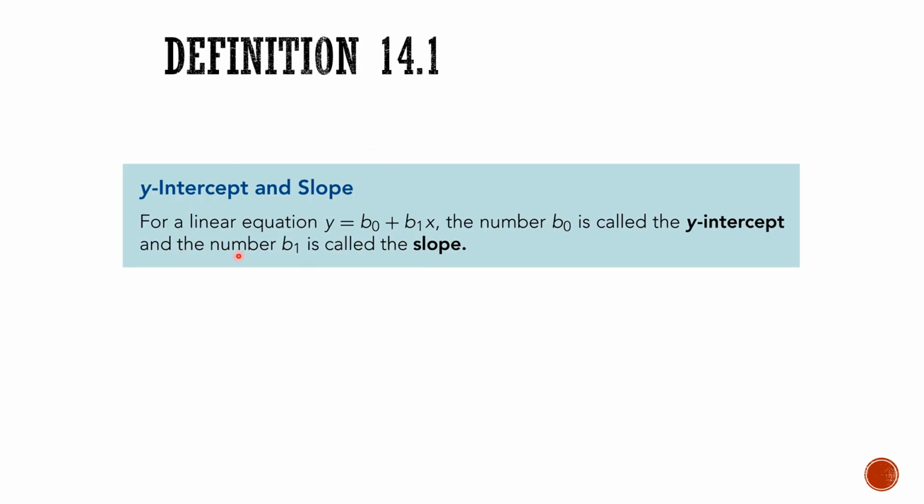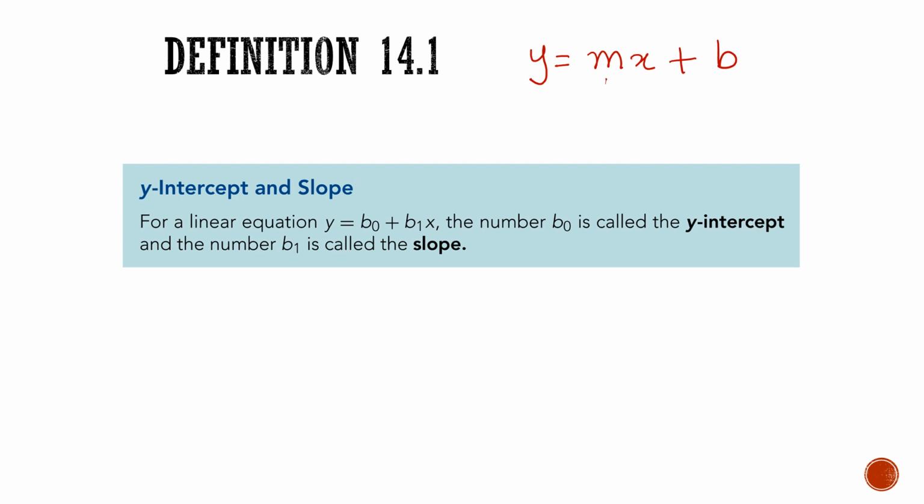Here we talk about what we call the slope intercept form, but in statistics, we slightly change what we know as the slope intercept form and we call that the y-intercept and slope form. In other words, we'll call it the intercept slope form. Now, we had learned before that y is equal to mx plus b, right? That's the common form that we are taught in an algebra course.